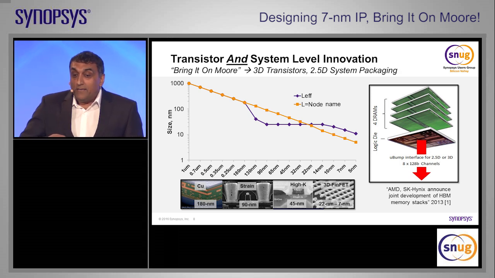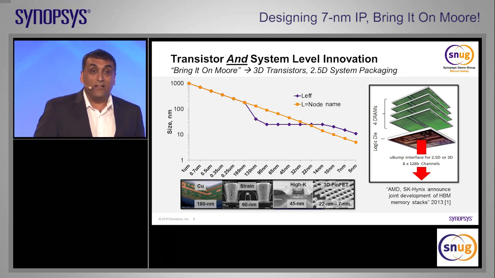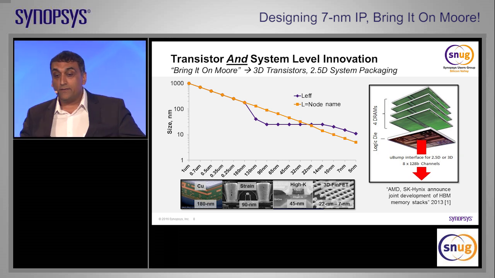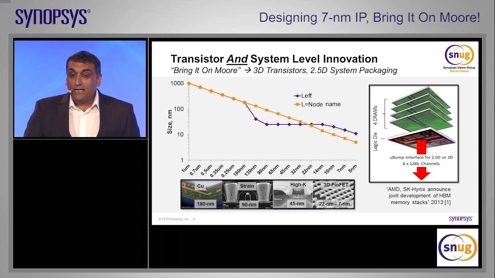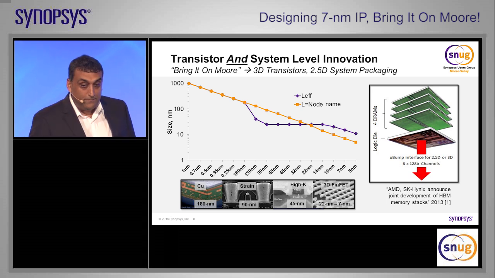So that, for me, is my representation of the "bring it on more" technology. So technologies like interposer, high bandwidth memories that leverage a common substrate with 2 different die. So 3D transistors, 2.5D packaging, bring it on more.